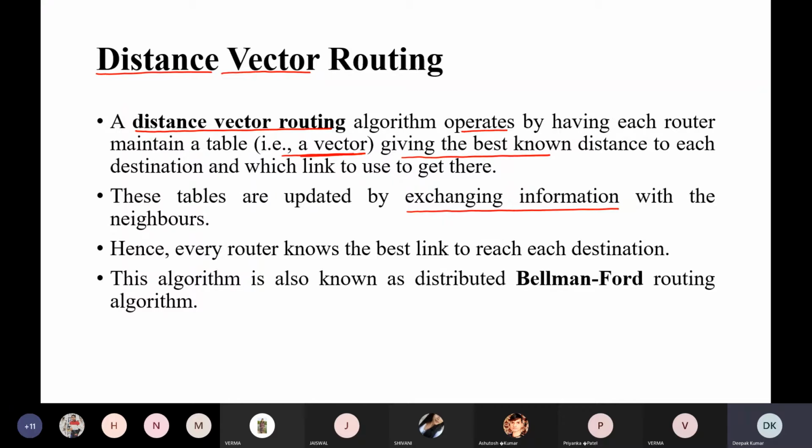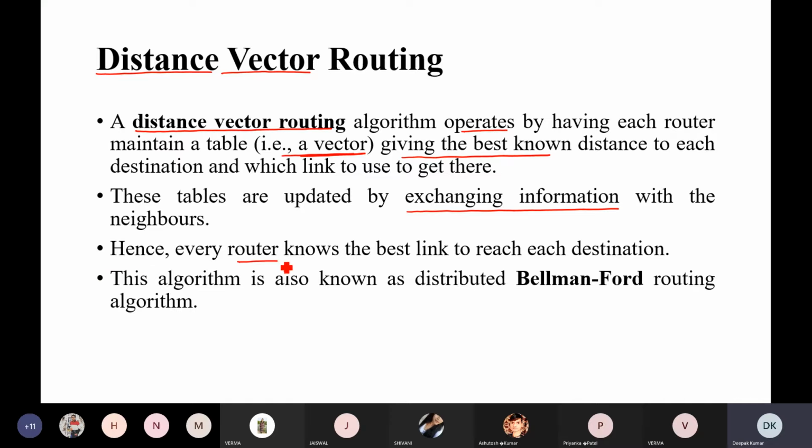At first, adjacent neighbors share their information with other adjacent neighbors, and this sharing runs all the time in a network. So the routing table is updated all the time.